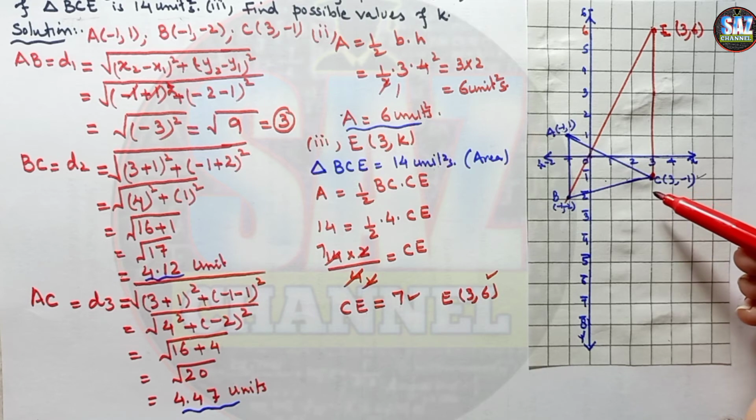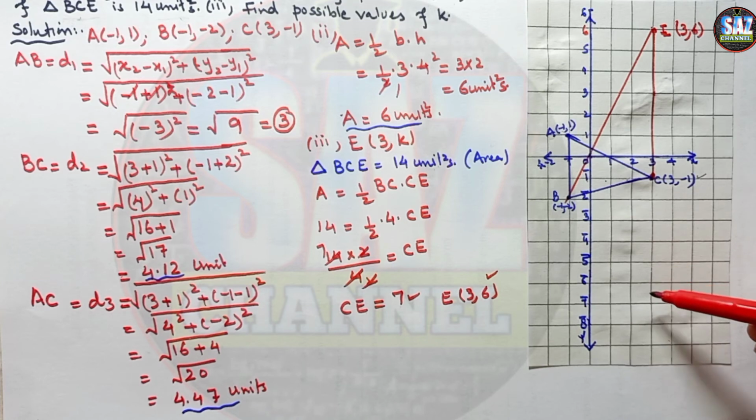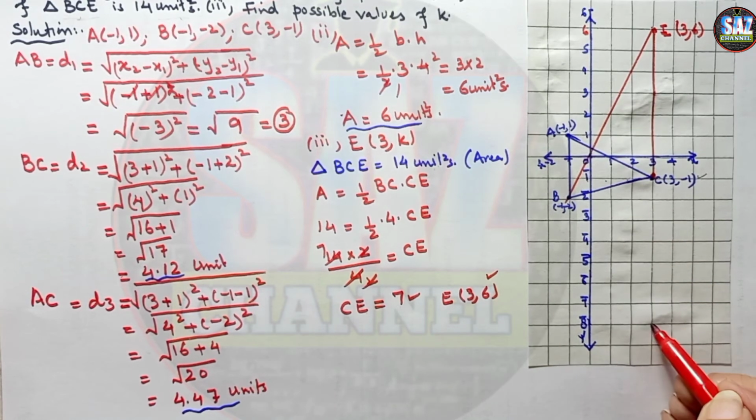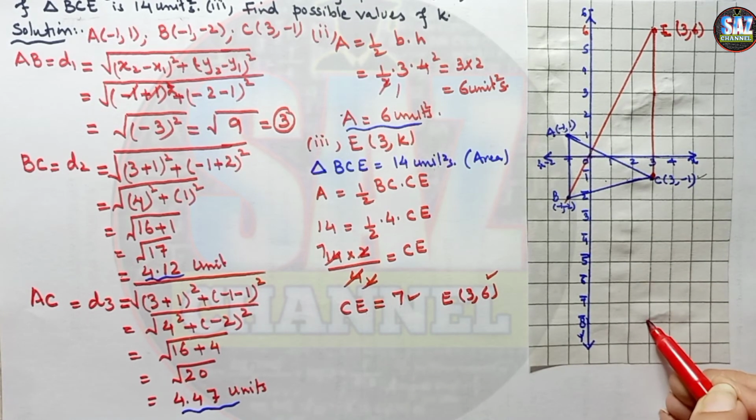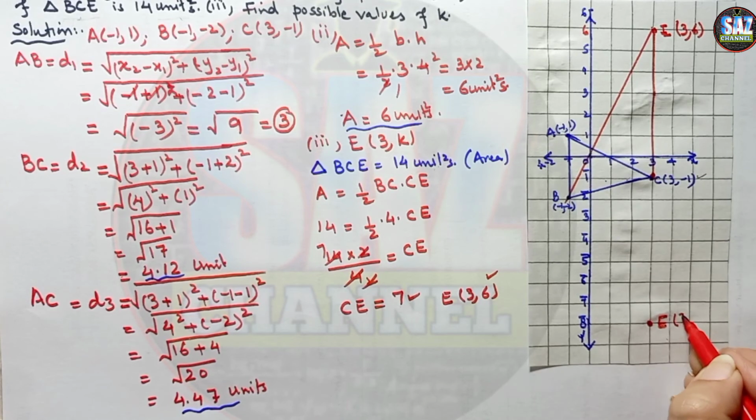And for the other possible value of K, now again think, if C is at minus 1, how many units gap from this point will give me 7 units gap between these 2 points? 1, 2, 3, 4, 5, 6 and 7. It means that when I stop at 8 with a minus sign, the other possibility of E is 3 with minus 8.